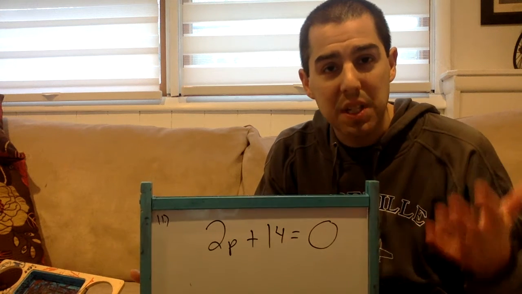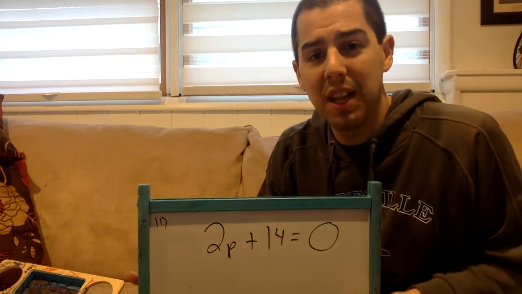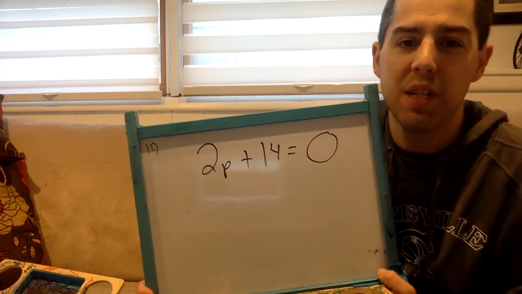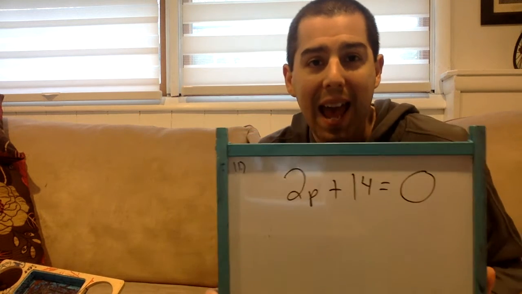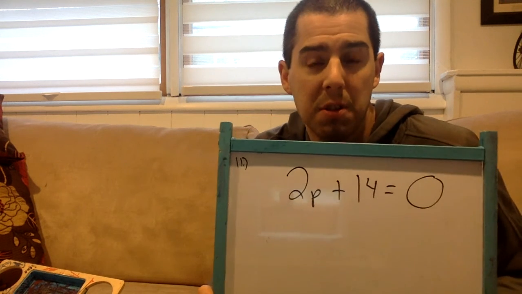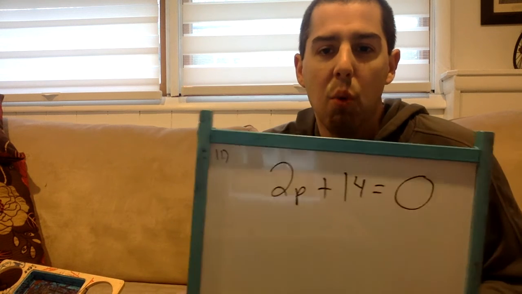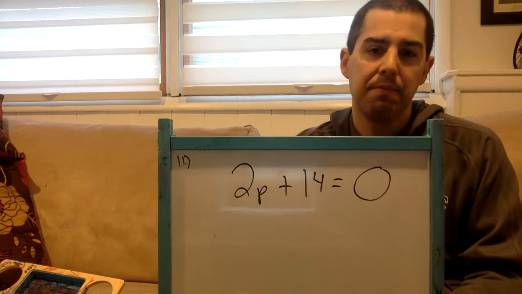Now, I had a student specifically send me a message and ask about numbers 11 and 12. So I'm going to go through 11 and 12. If we look here, number 11 was 2p plus 14 equals 0. So a lot of you have mental math skills, and those can help you. Looking at this, what do we know about p before we do any work at all?